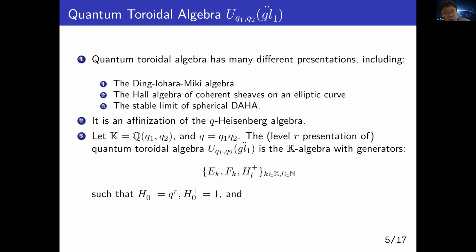Like here, E_k is E_{k,1}, but we can also consider other elements E_{k,m} in the quantum toroidal algebra, such that E_{k,m} and F_{k,m} form a Q-Heisenberg algebra structure. And because we can choose k to be any integer, we can regard this as the affinization of the Q-Heisenberg algebra. So this is what we call the quantum toroidal algebra.